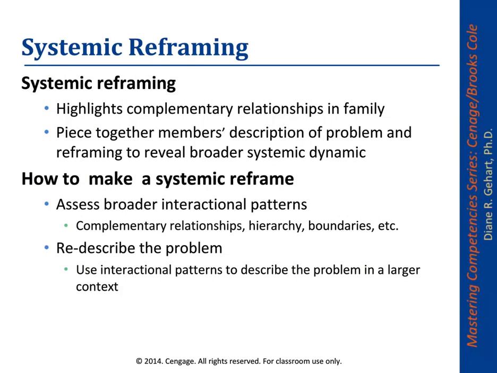So similar to other systemic approaches, there's this emphasis on systemic reframing of the problem. This systemic reframing can highlight complementary relationships and helps people piece together each person's description to reveal the broader systemic dynamics of what's going on. It's very typical in family systems work that you're often taking what they're blaming.